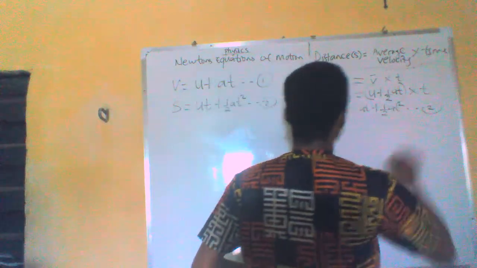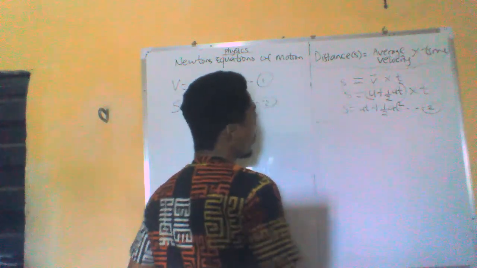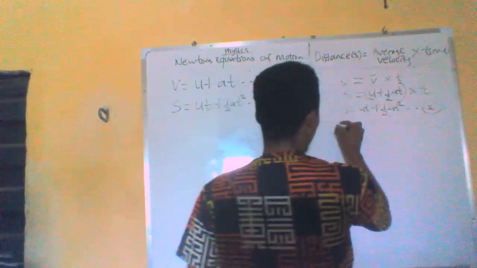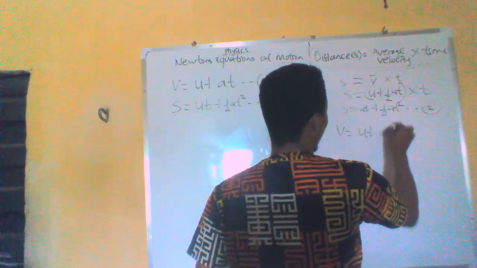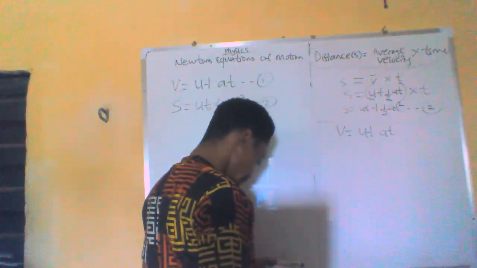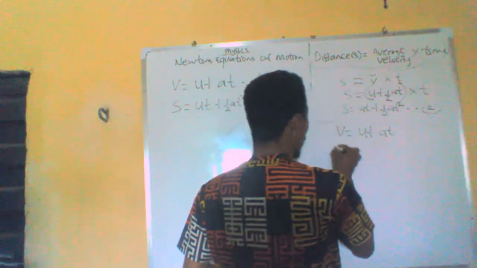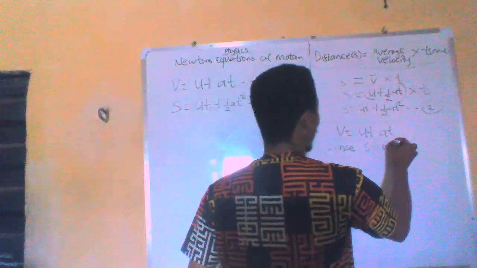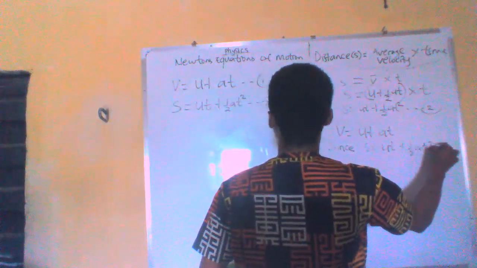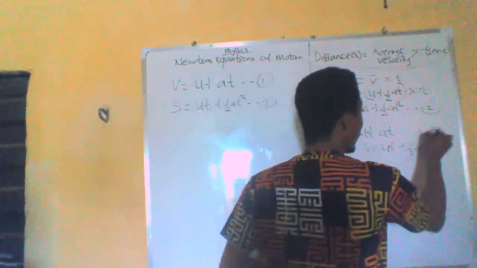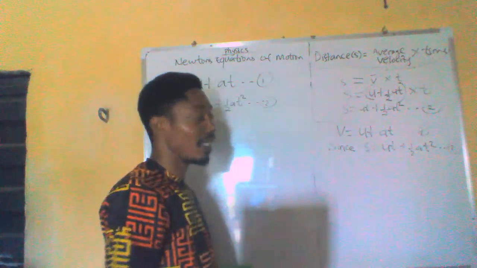For the third equation, we are still going to be using V equals U plus AT, which is still our first equation. And don't forget that S equals UT plus half AT squared. These are very important equations we are going to make use of in arriving at the third equation.